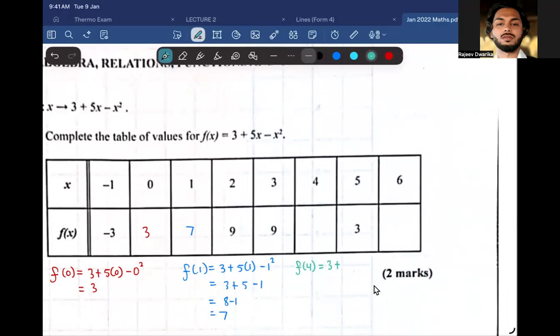Tell me, Perseus, what's the function? 3 plus 5x. Oh, my bad. So 3 plus 5 open bracket 4 close bracket minus open bracket 4 squared close bracket.